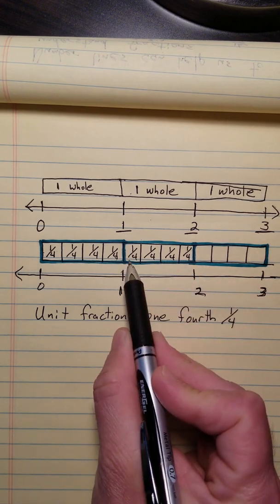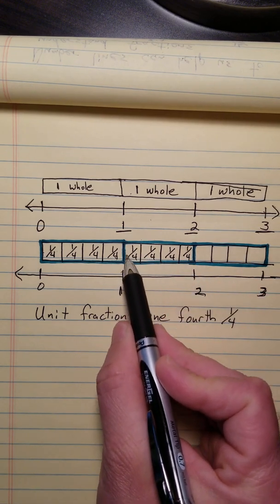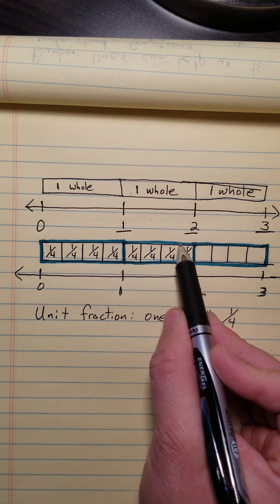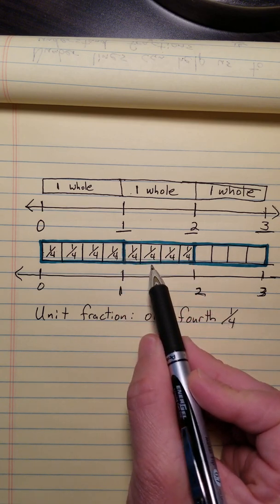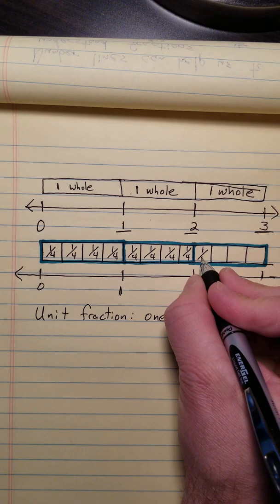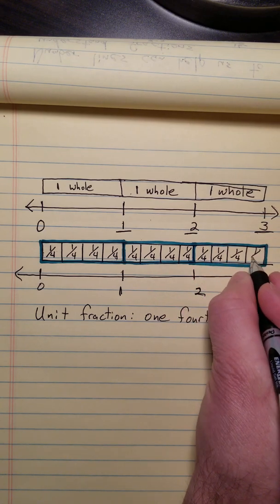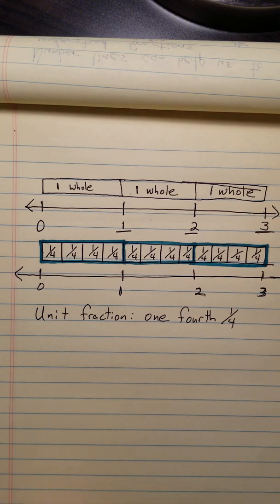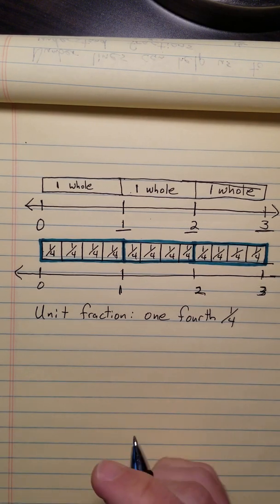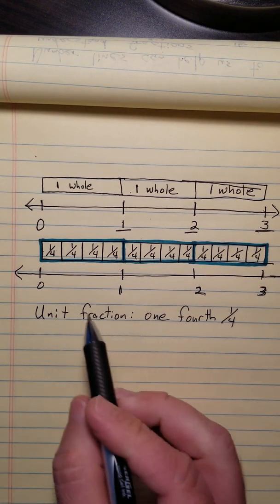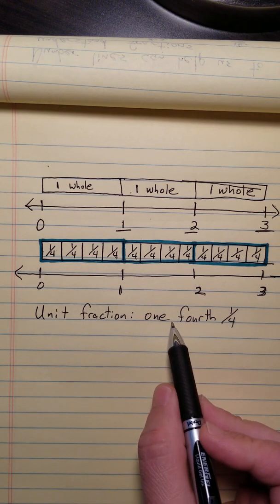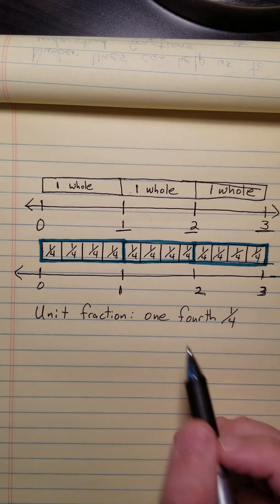Okay, because each of these is just one part of a whole number that's been divided into fourths. 1/4, 1/4, 1/4, 1/4. Okay? All right, so the unit fraction is 1/4.